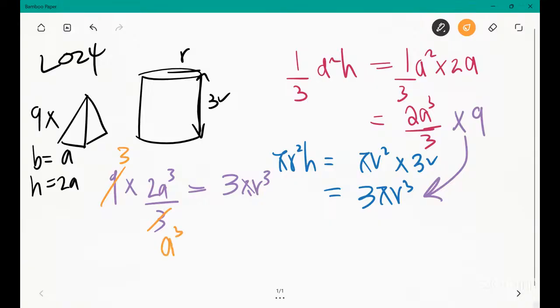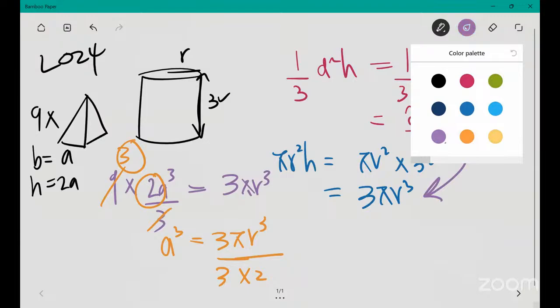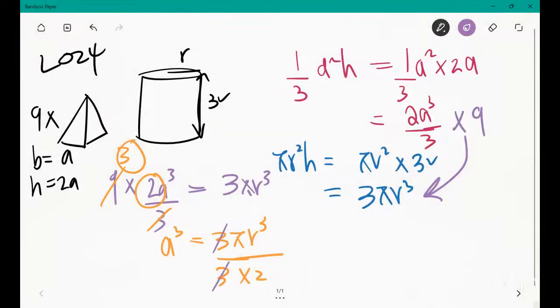A cubed is equal to 3 pi r cubed over 2, and the 3 goes down. So 3 into 2. Now you'll notice the 3 gets cancelled. Then you get a cubed is equal to pi r cubed over 2, which is what they have given us.